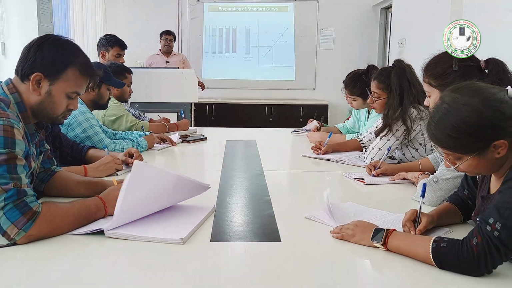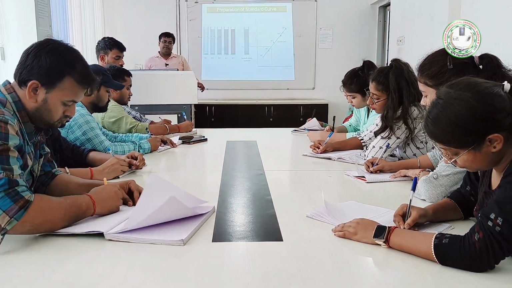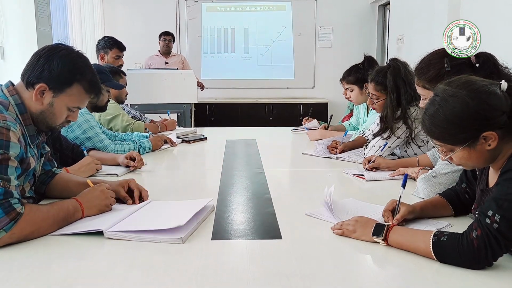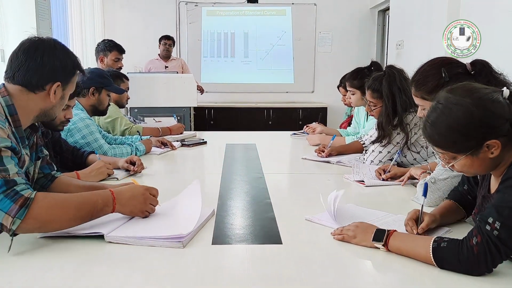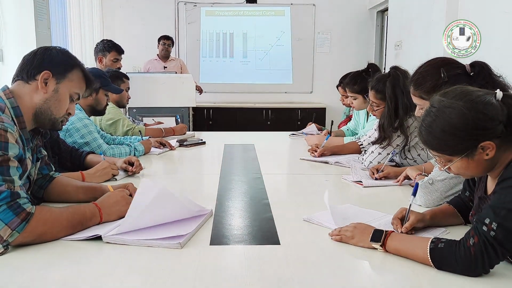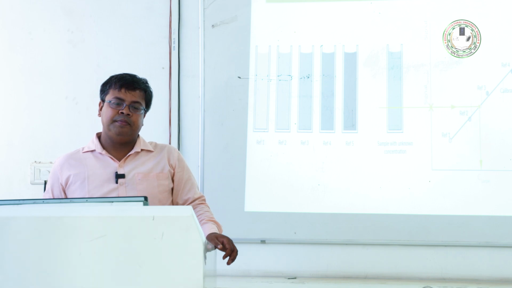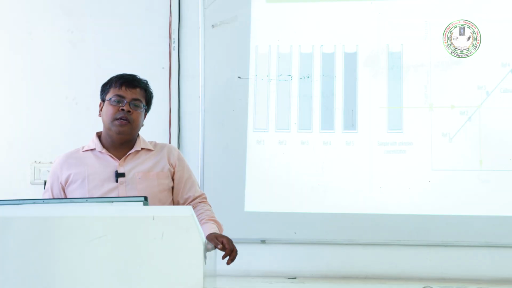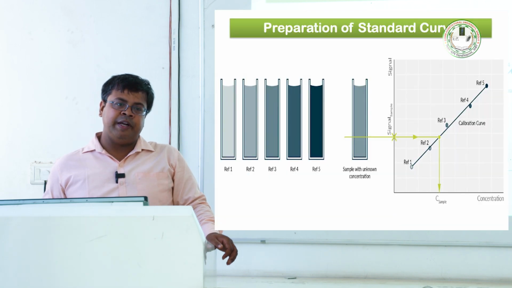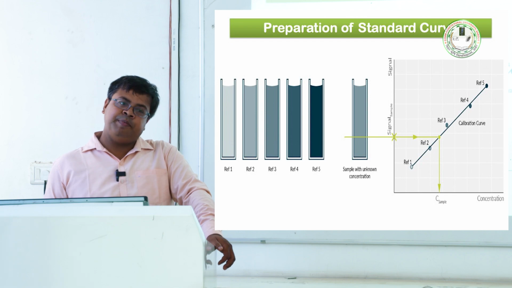From that you have to prepare working solutions of 10 ppm, 20 ppm, 40 ppm, 60 ppm and 80 ppm of 100 ml volume. Means each working standard will be of 100 ml. Okay, 100 ml of 10 ppm solution, 100 ml of 20 ppm solution, likewise 100 ml of 80 ppm solution.